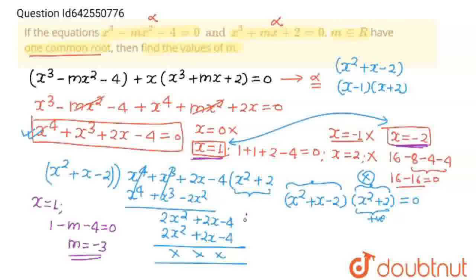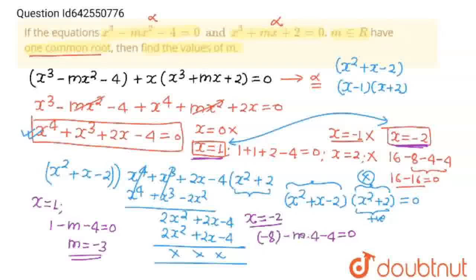And if the common root of both equations is minus 2, then let's see. This will become minus 2 cube is minus 8 minus m, okay, sorry, x equals minus 2, m x square, and this is minus 2 square is 4, m into 4, and this is minus 4 is equals to 0.